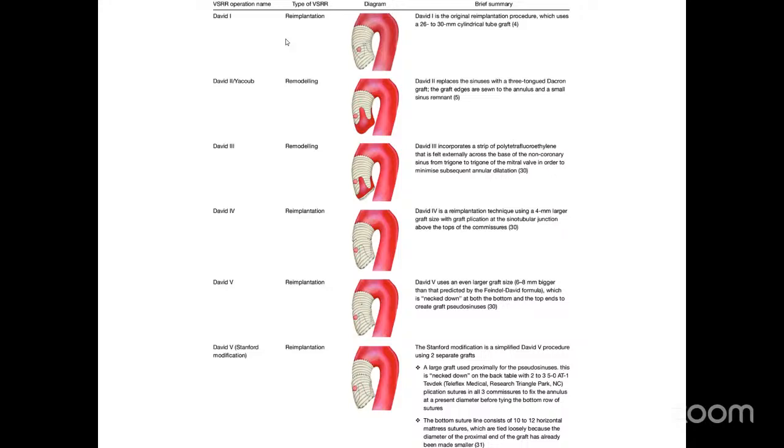Yes, just like you see the tips of those scallops that we make, the grafts are not supported, and therefore they are liable to dilate. So that procedure does not prevent dilatation of the annulus and the development of aortic regurgitation down the line. So that was one of the major things.